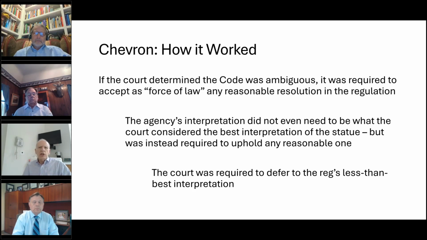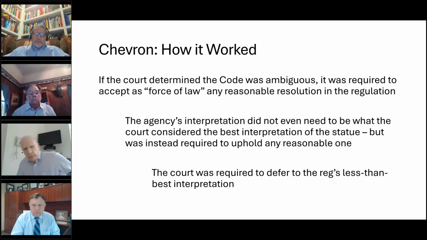If the agency adopted a reasonable resolution of the ambiguity, people might differ. I might say as a taxpayer, hey, I don't think you should resolve the ambiguity in the statute that way. The IRS says, yes, we think that we should. The agency did not have to be right. It only had to choose an alternative that was reasonable.